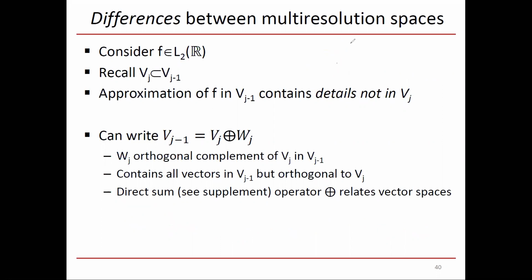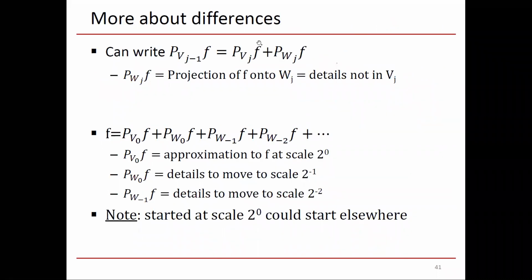All right, so now more about differences. We can write that P_{Vj minus 1} f, which is a projection of f to the space Vj minus 1, is equal to a projection of f to the space Vj plus a projection of f to the space Wj.